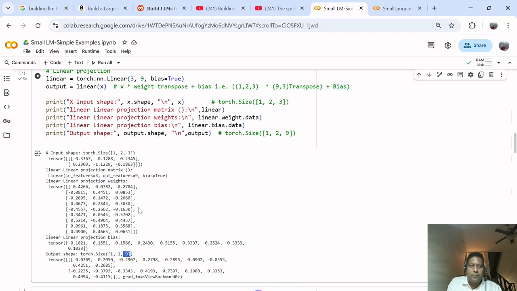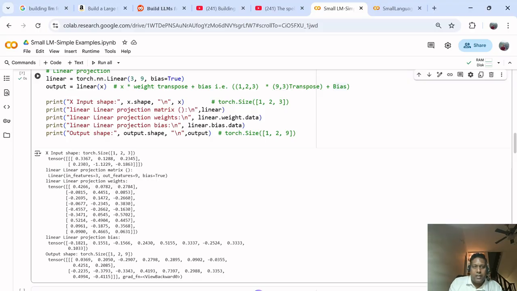Right? And it's pure matrix multiplication. And the output tensor, we have also printed here. So that's all there is to linear transformation, right? We're essentially taking it to a higher dimension and then bringing it back.